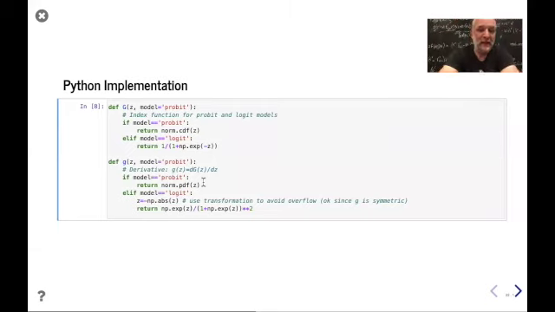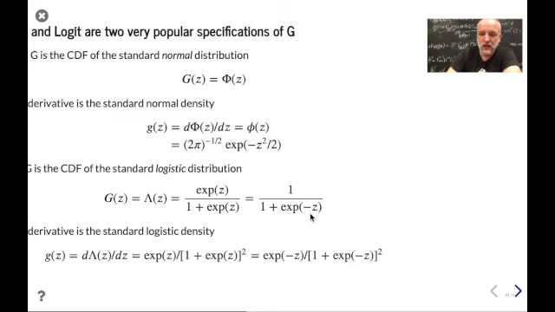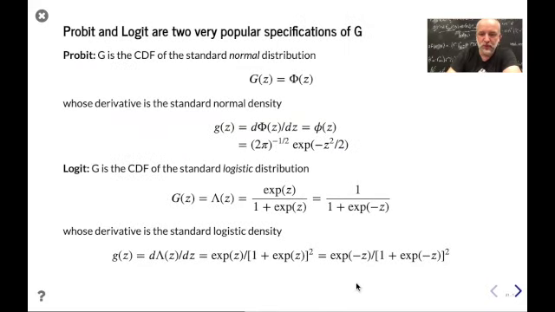If it's a logit model, then we basically use the expression here that we had on the previous slide: exponential of z divided by 1 plus exponential of z squared, which is what we have here. But this is identical to this expression, which shows that the distribution is completely symmetric around 0. It doesn't matter if you put in z or negative z, you're going to get the same density.